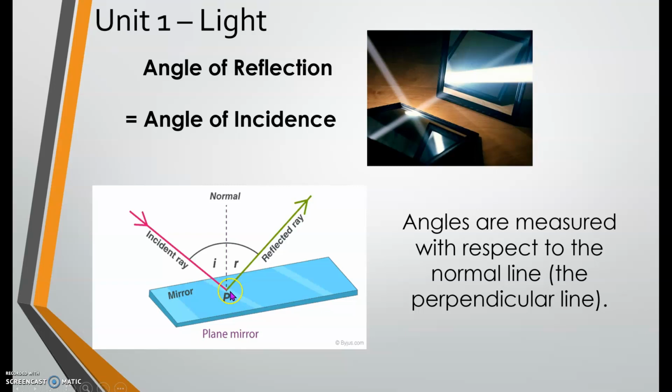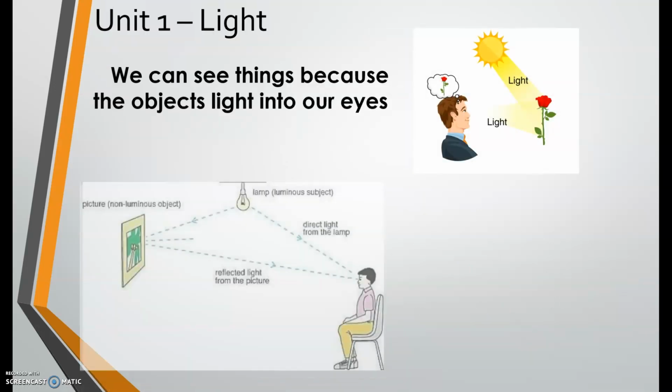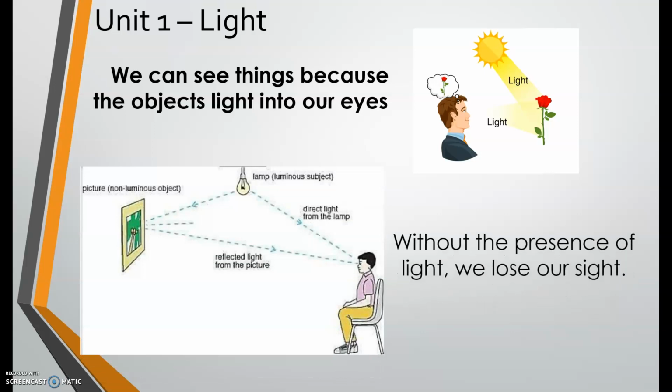The reflected ray and the incident ray have equal angles with respect to the normal line. You can see in the picture as well. This is the reflected ray and the incident ray, equal angle with respect to the normal line.